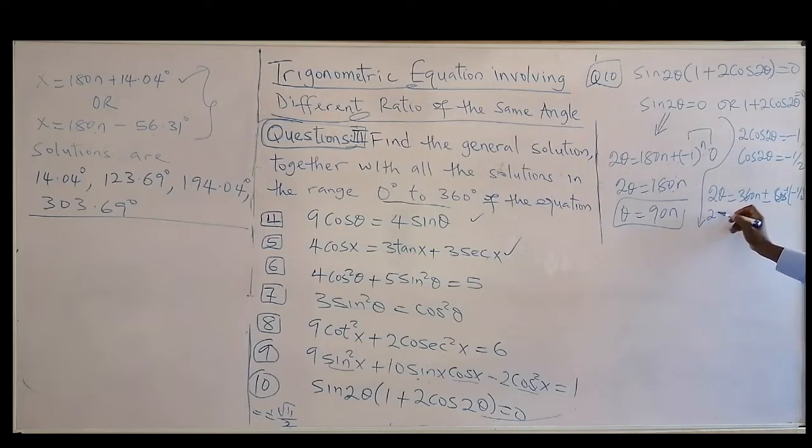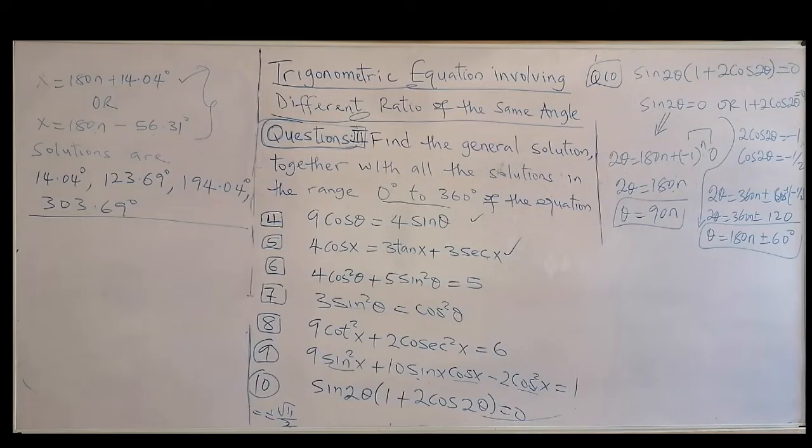I think arccos minus half is 120. Let's check that. Inverse of cosine, that's 120. So theta will now become 180n plus or minus 60 degrees. So we have these two general solutions.